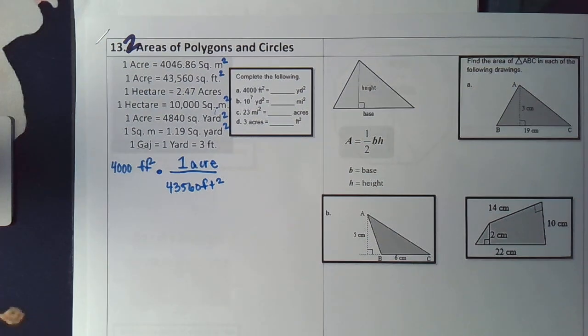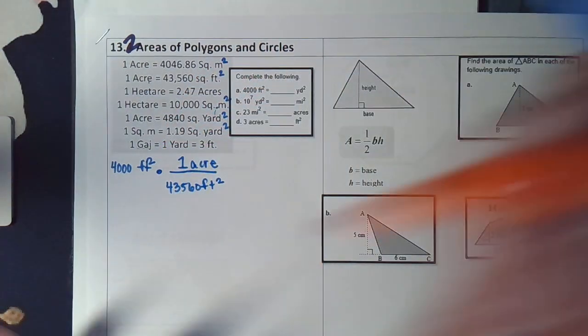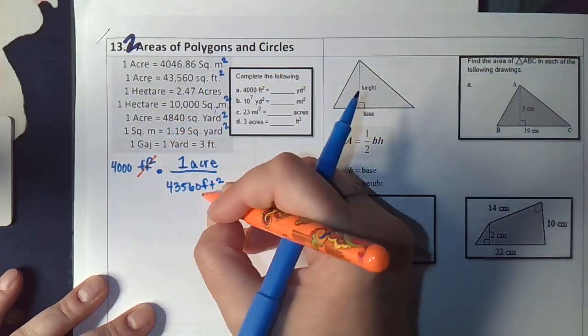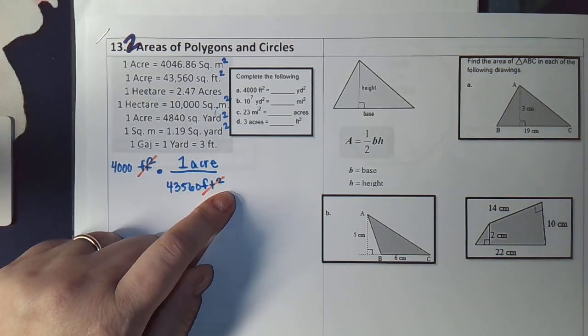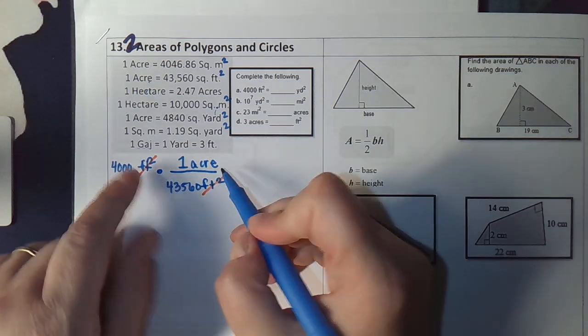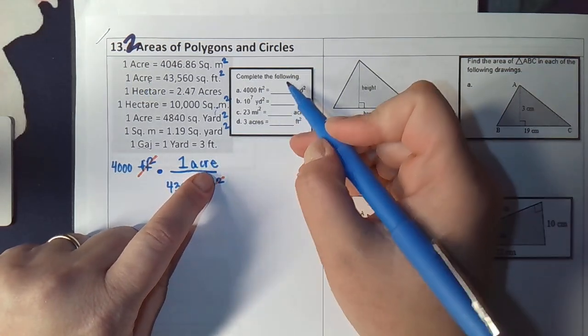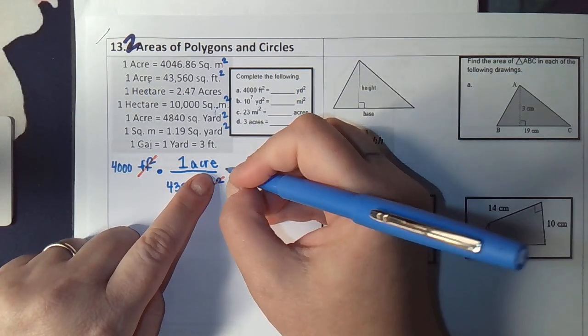Before I do the number math, the feet squareds cancel, because one of them is multiplying and one of them's under a division bar. When they cancel, all we have left is acres. We want yard squared. So let's keep going.